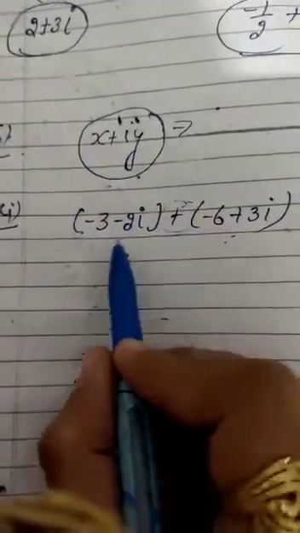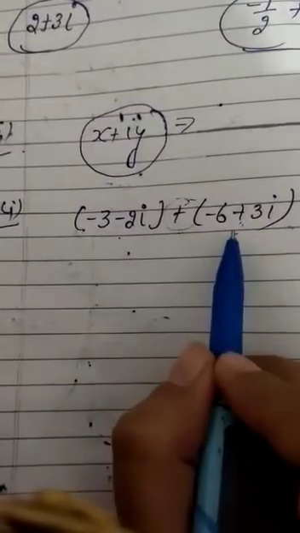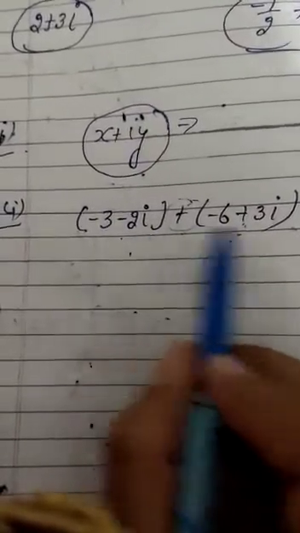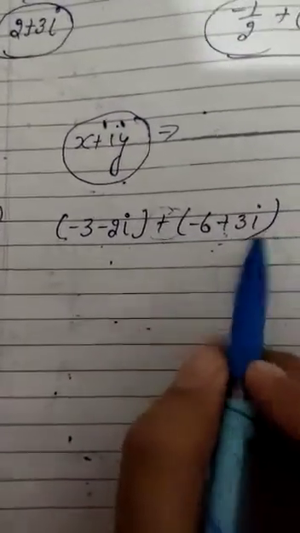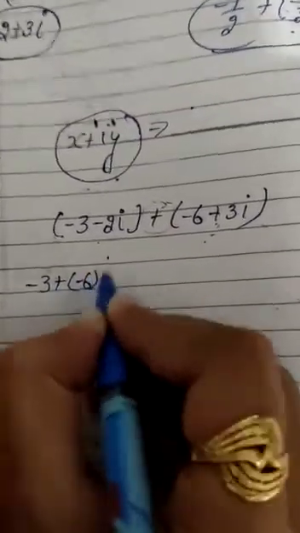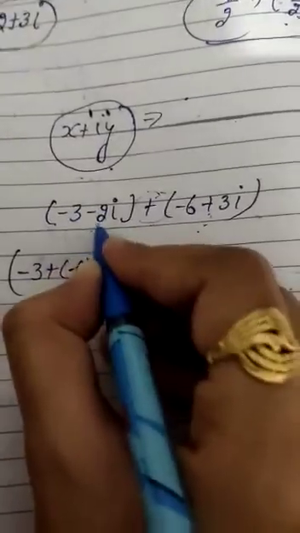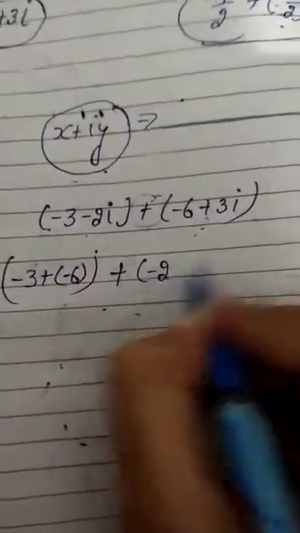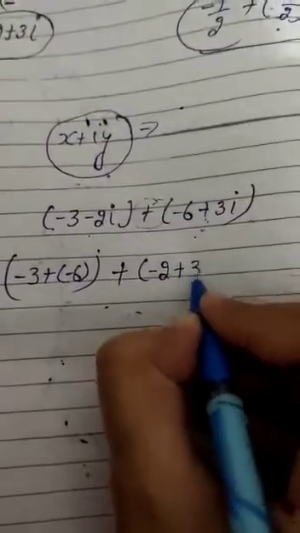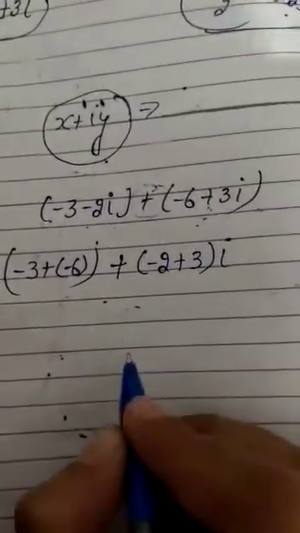So if we want to add two complex numbers, then the real part is always added to the real part and the imaginary part is always added to the imaginary part. So minus 3 plus minus 6, plus the imaginary part: here the imaginary part is minus 2, here it is 3, and I am going to take iota common.